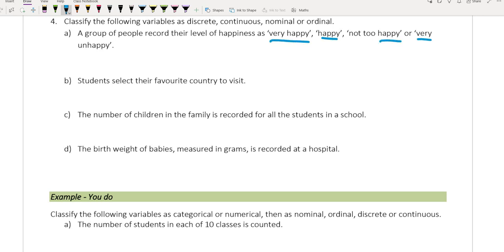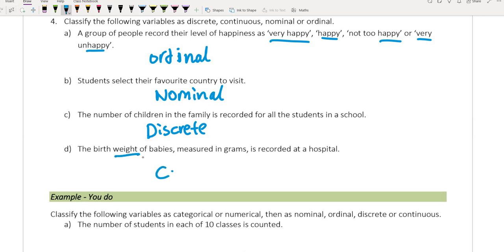This one is in categories. So it's going to be either nominal or ordinal. This is in order, so it's going to be ordinal. Actually, let's not be lazy and write the whole thing. Ordinal. Students select their favorite country to visit. Countries are in categories, they're not in numbers. And countries are not in order, so no order, nominal. Number of children, discrete, they're in numbers. They're in whole numbers. Number of children can't be 2.5. The birth weight, so weight is something we measure. We measure it, then it's going to be continuous.